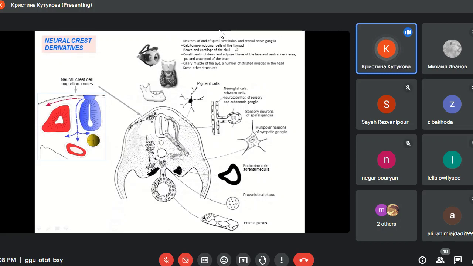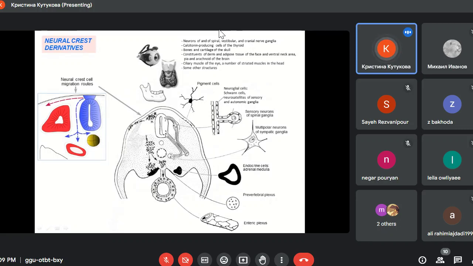Next, calcitonin producing cells of thyroid gland here, bones and cartilage of skull, dermis and adipose tissue of the face and ventral neck area, ciliary muscle of the eye, number of striated muscles in the head, and some other structures. And those cells that are migrating along the future skin, along the ectoderm, will develop into melanocytes of our skin, the pigmented cells.